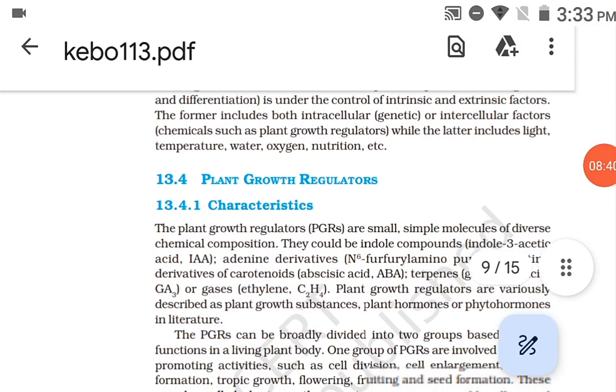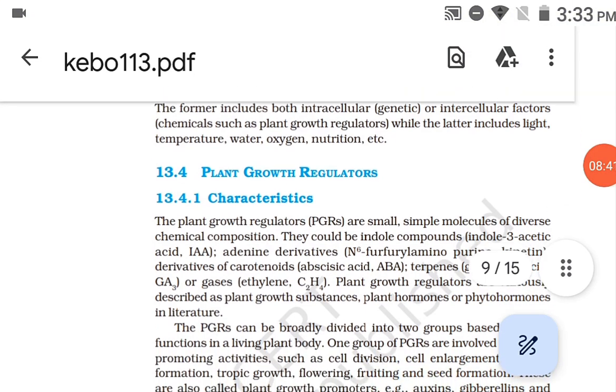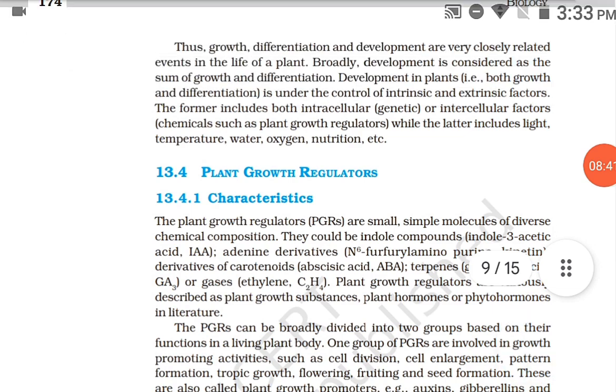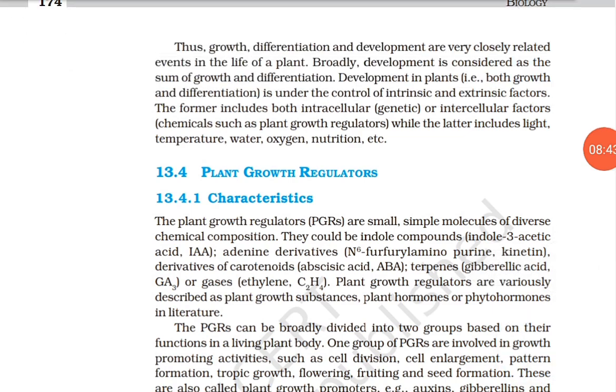The former includes both intracellular genetic or intercellular factors, chemicals such as plant growth regulators, while the latter includes light, temperature, water, oxygen, nutrition, etc.